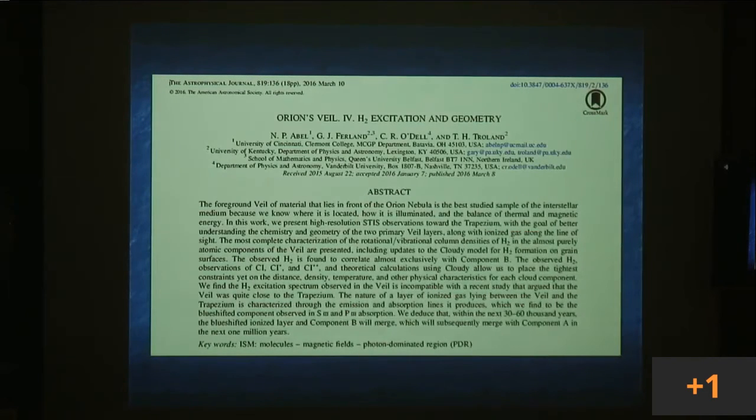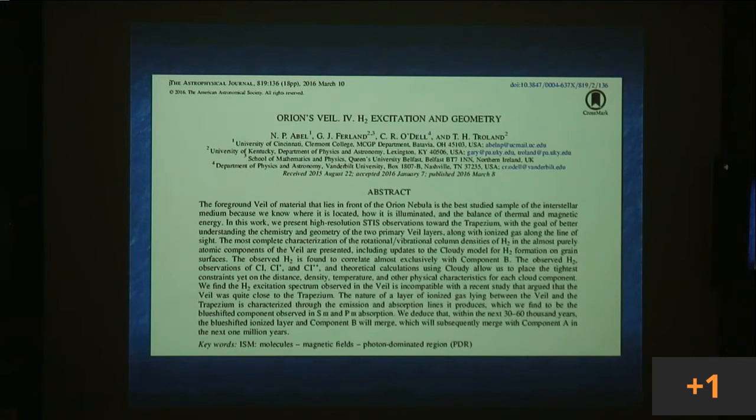The subject of the veil has been addressed at many wavelengths. I cite here a recent paper, the last in a series by Nick Abel, and Tom treats the veil in a recent radio study.